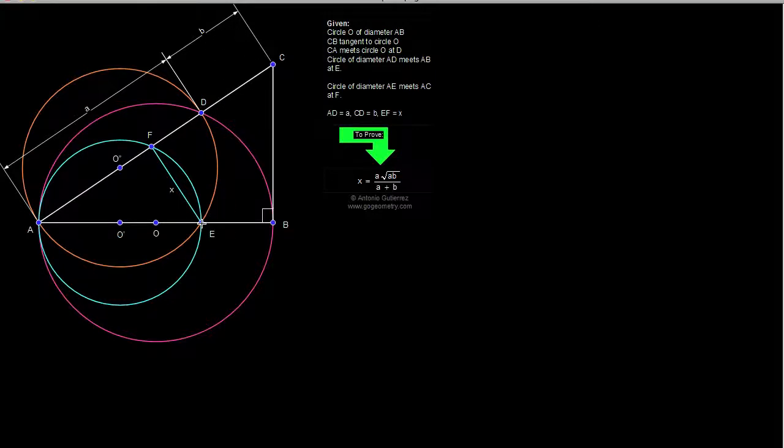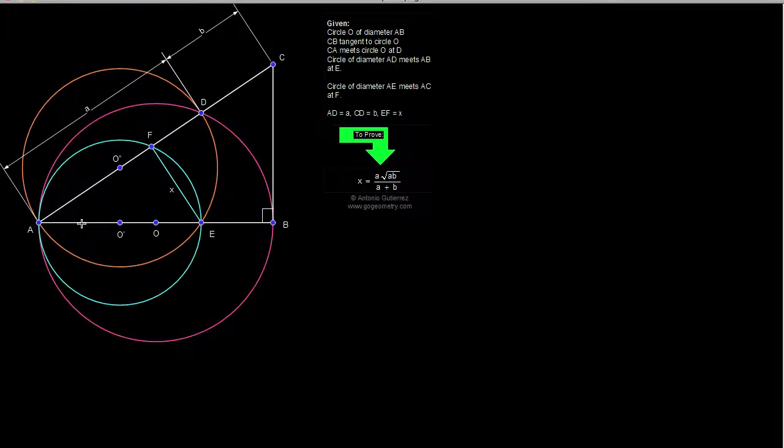Okay, so let's look at this point here again. We have a circle of diameter AD. This one meets this line there. We have a circle of diameter AE. So we're told that both of these circles go through here. And they draw this line here, which is EF.